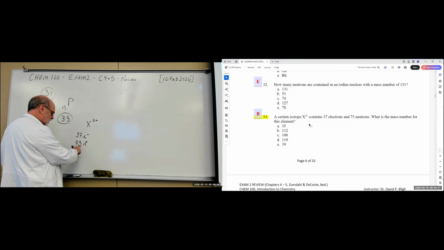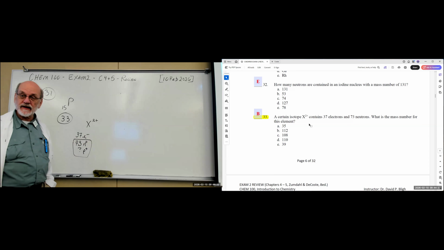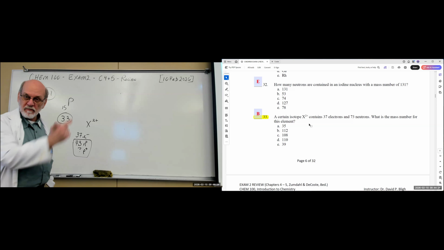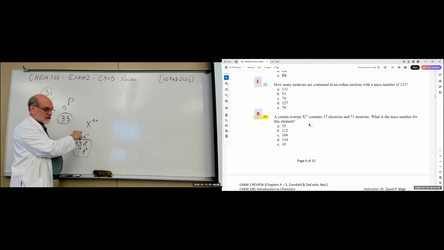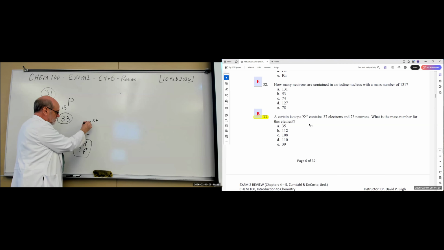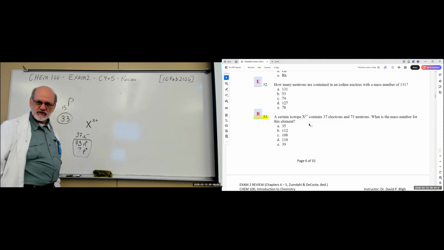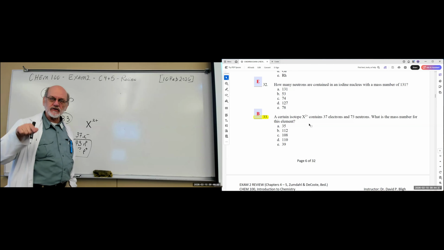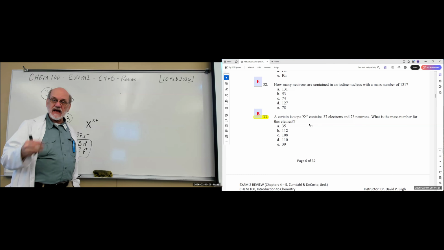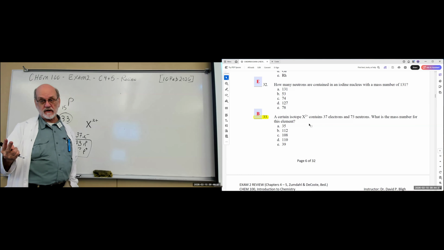So if we want the mass number, we have to add this to protons. How do we find the protons? You go back to the original given here, a 2+ charge. How does that element get a 2+ charge? It has 2 more protons than it does electrons.